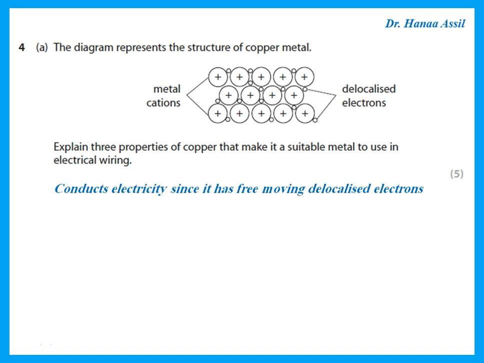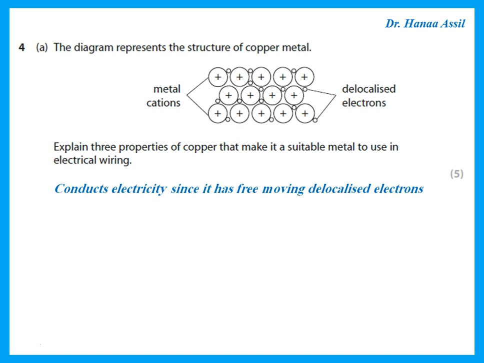Remember, metals conduct electricity because they have free moving delocalized electrons. These electrons are the electrons in the outer shell of each atom, and the atom doesn't want 1 or 2 or 3 electrons in the outer shell, so they're just floating around, so that allows it to conduct electricity.